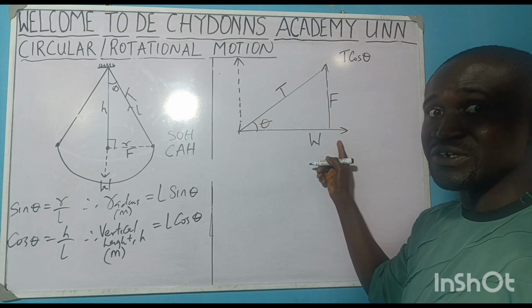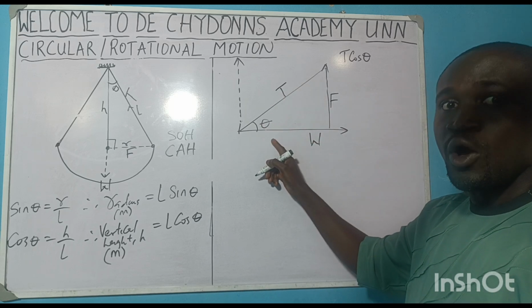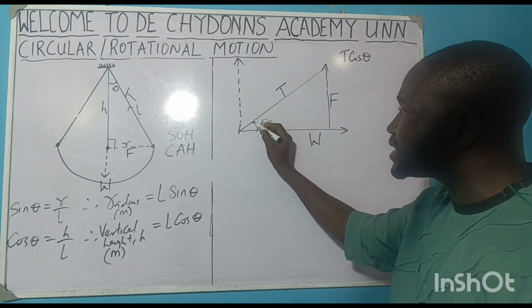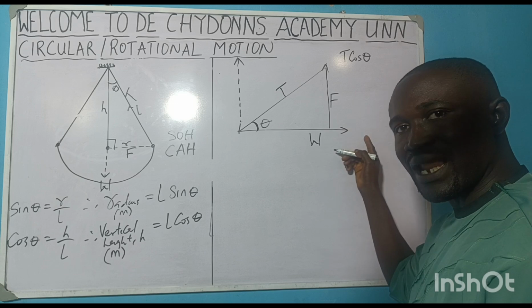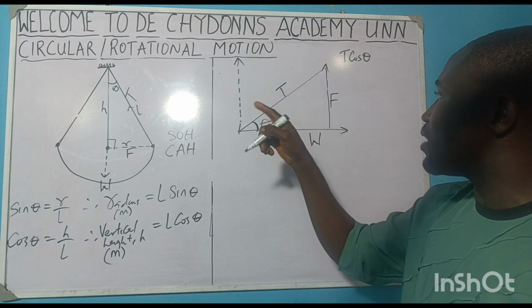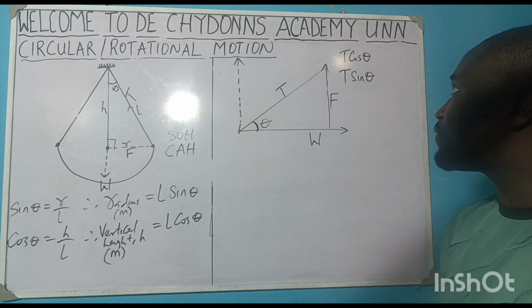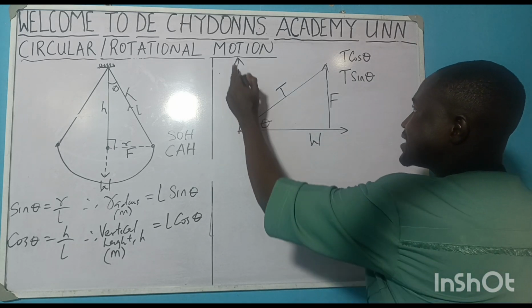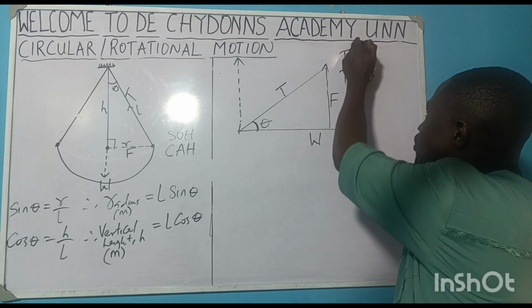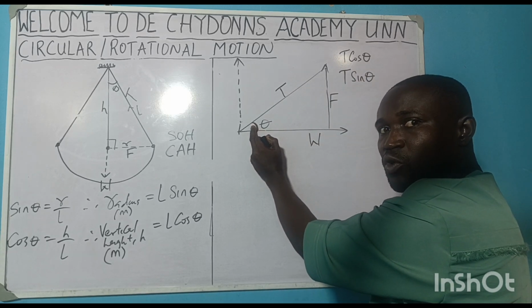Also, you must use this theta that you make with the horizontal to get the vertical one, which will be T sine theta. The only difference between the horizontal and vertical shares is cos and sine, but they must use the angle made with the horizontal.